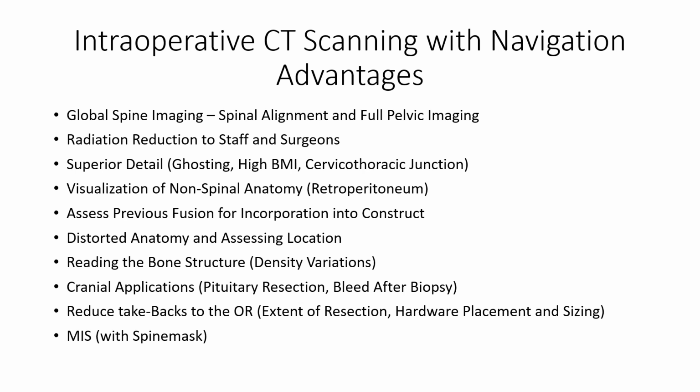There are times in which you like to visualize non-spinal anatomies. So for example, if you're operating and you're concerned about an anterior breach and unfortunately potential injury to vascular structures in front of the spine, you have at your disposal a full CT that will actually see the detail.